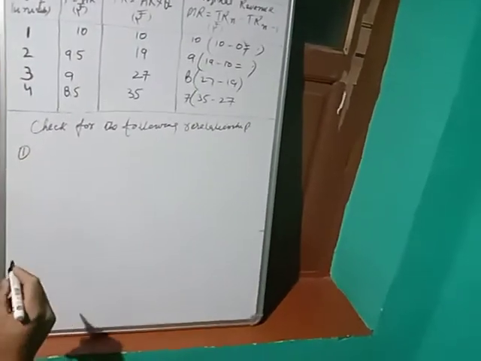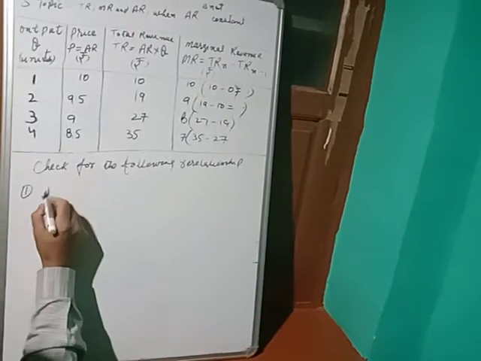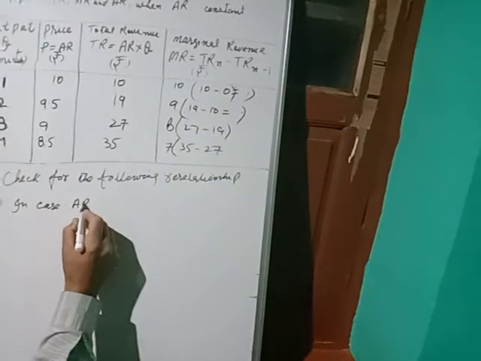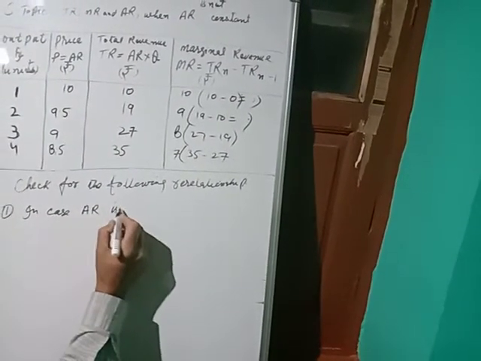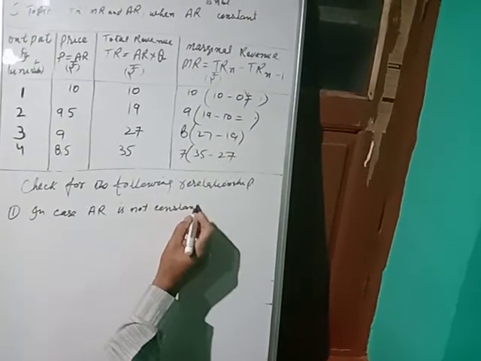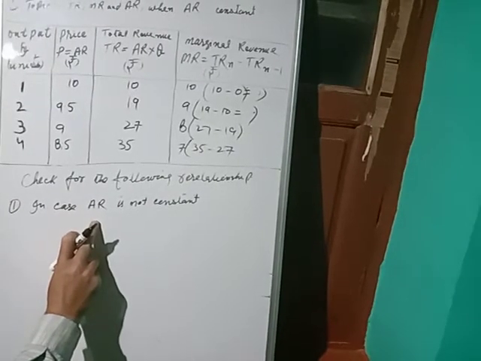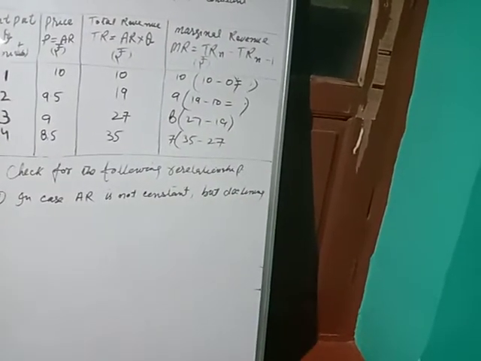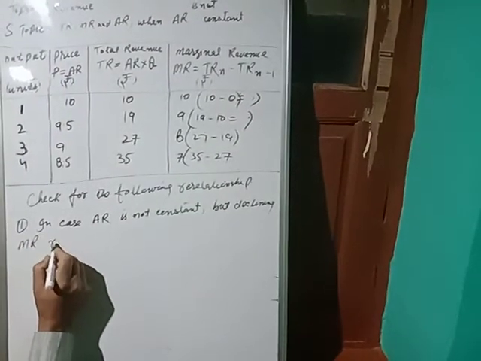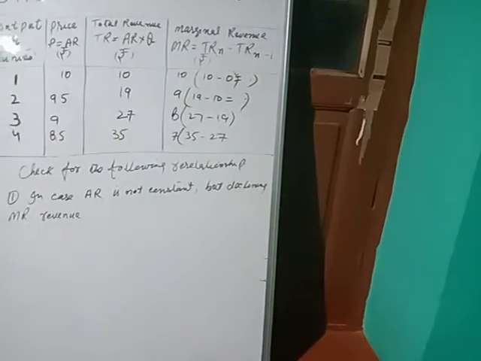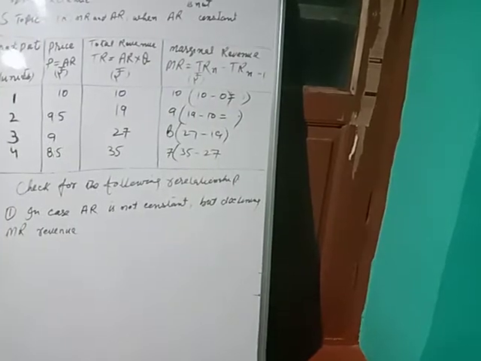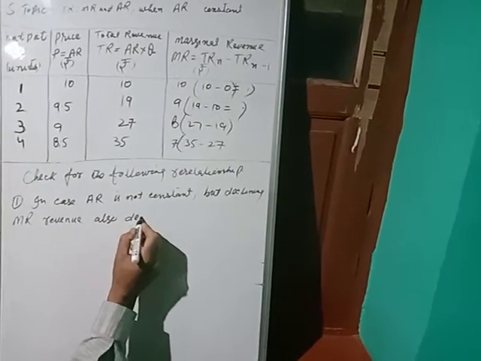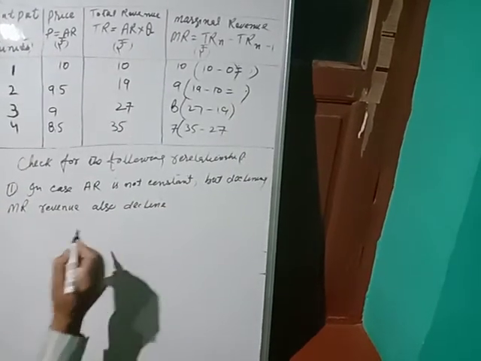Number one: in case average revenue is not constant but declining, marginal revenue is also declining. Marginal revenue is also declining.